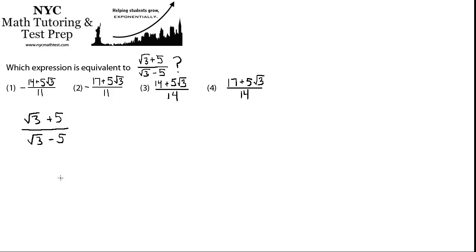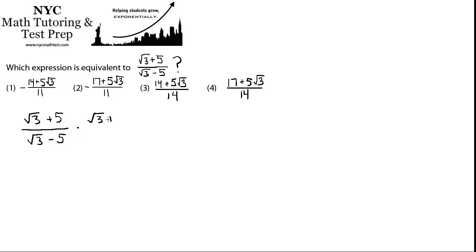In order to do this, we need to multiply by what's called the conjugate. The conjugate is the same thing as what you currently see in the denominator, except that it has the opposite sign. So we want to multiply both the top and the bottom of this expression by root 3 plus 5, which is the conjugate of that denominator.